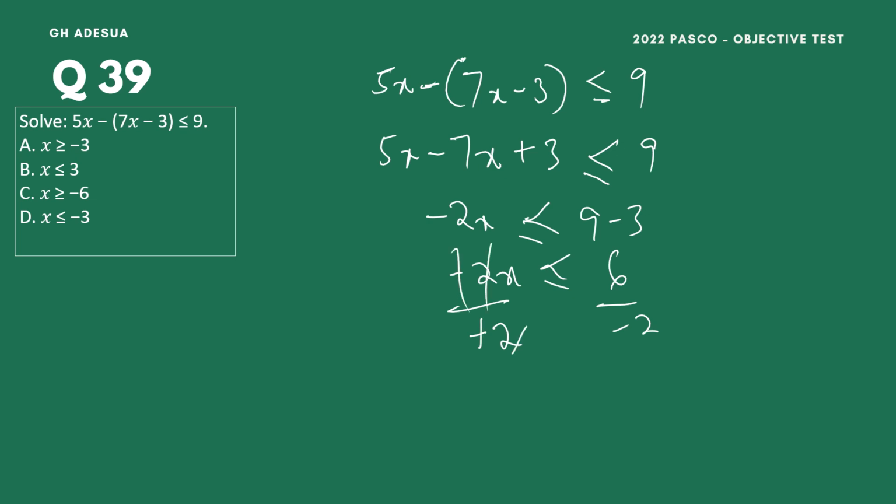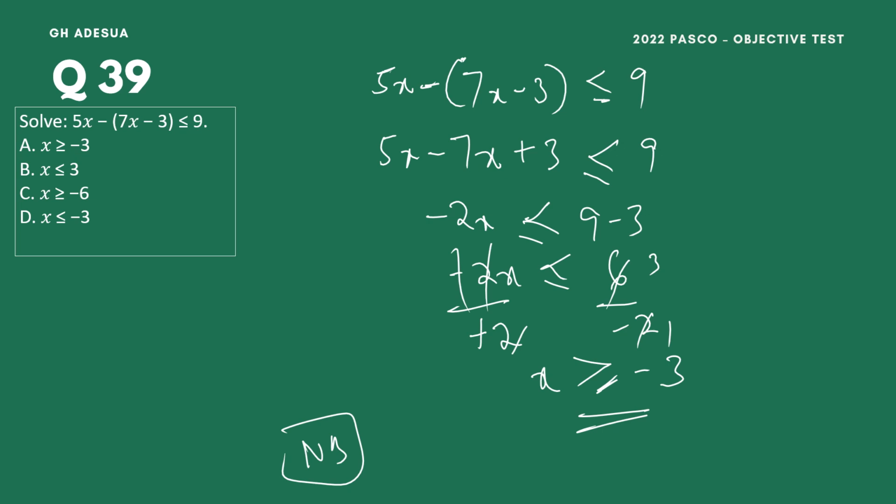But now, note, whenever you divide through by a negative in an inequality, the inequality sign will now flip. So it now changes to become greater or equal to. The x becomes greater or equal to negative 3.